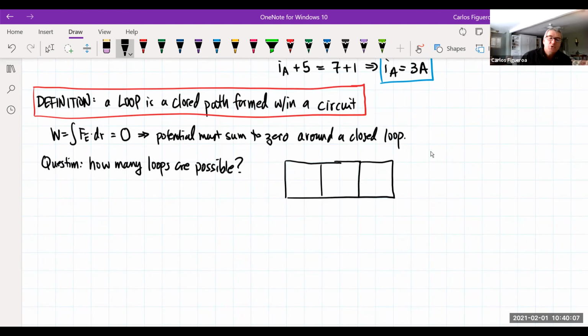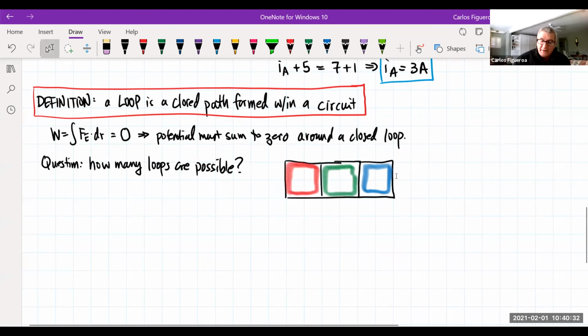So how many loops are possible in this case? Well, we can draw them, right? For starters, the easiest way to think about it is to say there's one possible loop. Here's another possible loop, and then here's another possible loop.